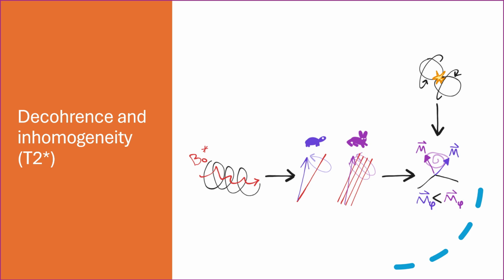Also, the field is a lot stronger in the middle of the coil than towards the edges, so you end up with different spots where different sub-magnetization vectors go at different speeds, giving out-of-phase signals, and they start cancelling each other out, just like before. That ends up decaying the signal a lot faster than if you only had T2. There are several ways to combat T2 star, but I won't be discussing those in this video. I probably will in a future video.